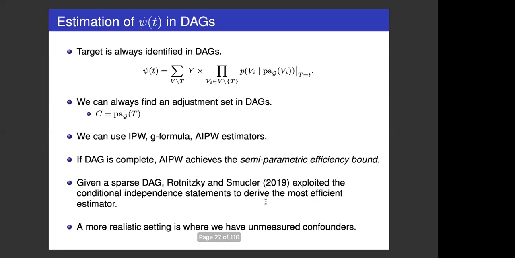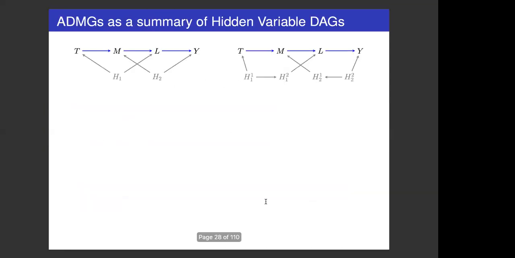But really, DAGs are too good to be true. The more realistic setting is where we have unmeasured confounders. So consider these two hidden variable DAGs, where the left one is from the first slide where I chopped off the head.